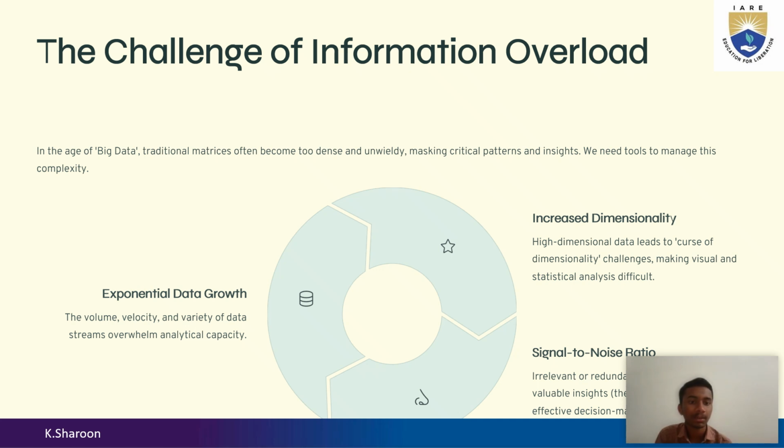Increased dimensionality: high dimensionality data leads to curse of dimensionality challenges, making visual and statistical analysis difficult. And signal to noise ratio: irrelevant or redundant data hides valuable insights and affects decision making.